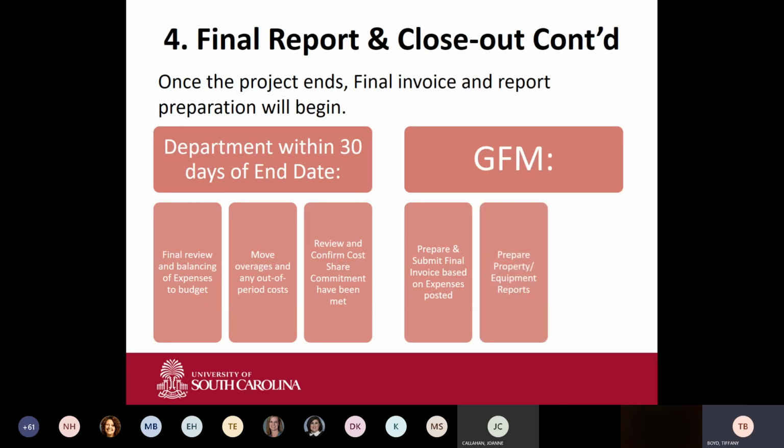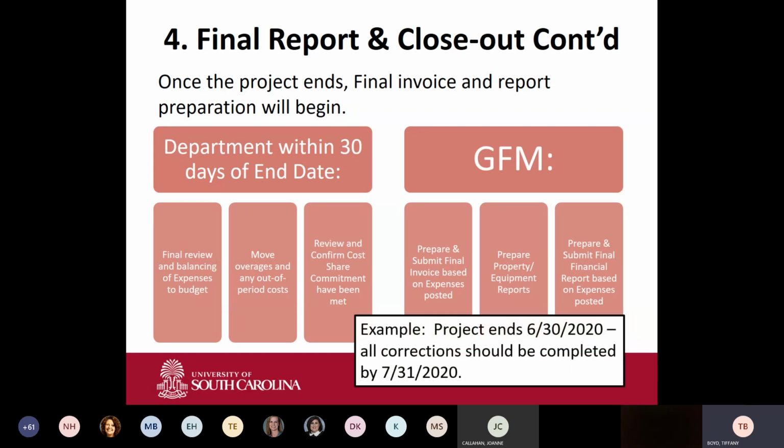Then we'll prepare any property or equipment reports, and submit any financial report based on those posted expenses to the sponsor. Then we'll complete a formal closeout and inactivate that project. So again, if the project ends 6:30, all corrections should be completed by the end of July.